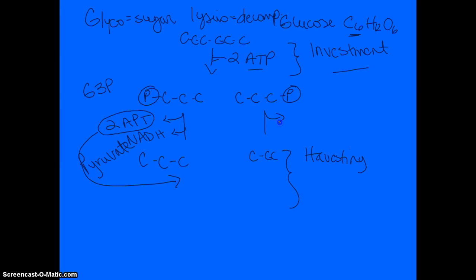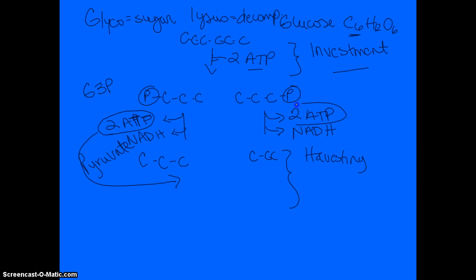And on this side, because we have this identical molecule, it's also going to, in the process of being changed from G3P to pyruvate, give off 2 ATP. I just noticed my mistake over here: 2 ATP molecules here, 2 ATP molecules here, and an NADH molecule here.